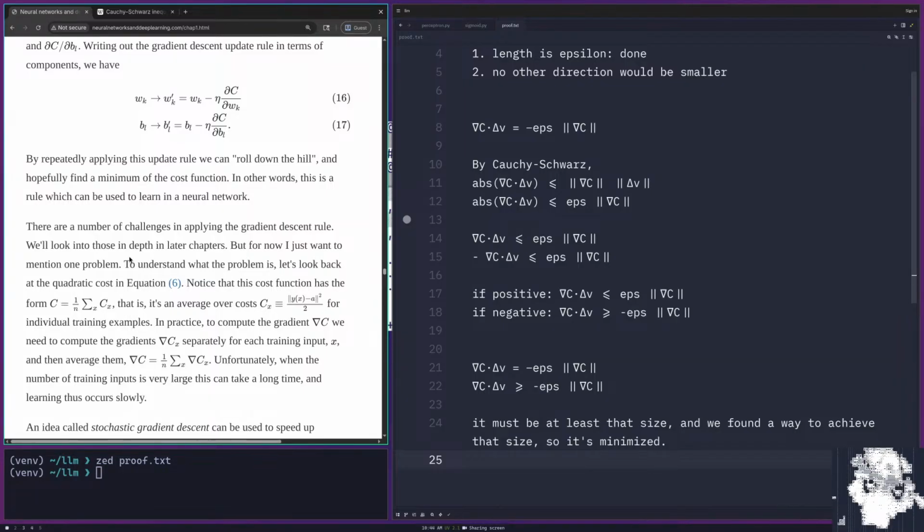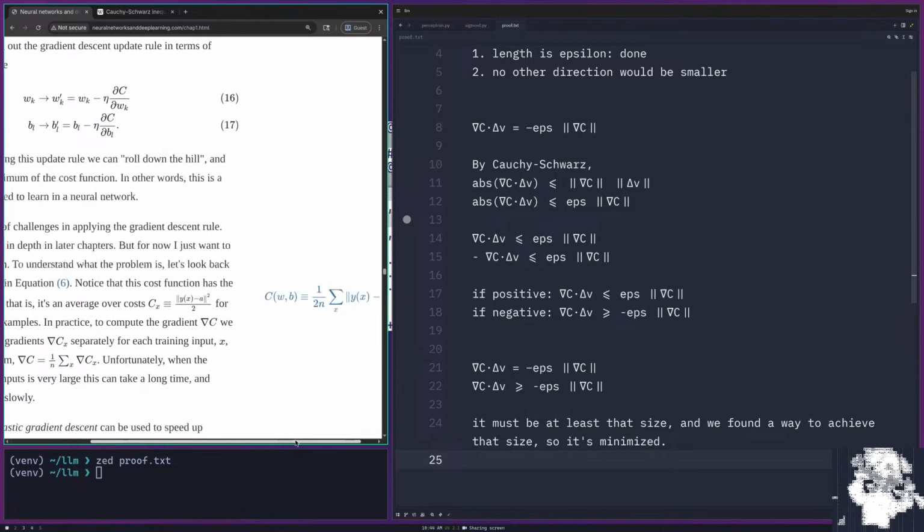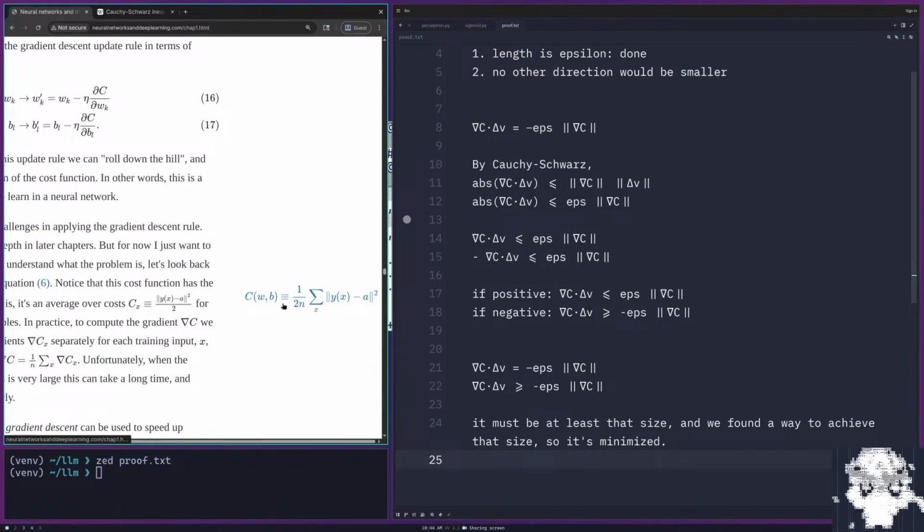To understand what the problem is, let's look back at the quadratic cost in equation 6. Equation 6 is the quadratic cost formula. Cost of W, B is defined as 1 over 2n times the sum over x of the distances between what we wanted and what we got, squared.